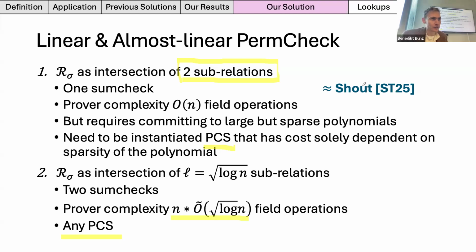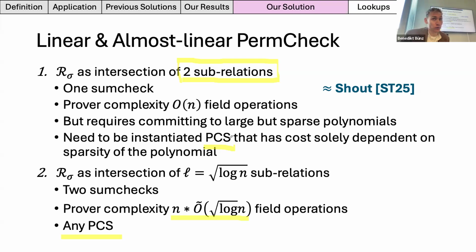But as I said in the beginning, those things are highly related. There are some differences where we specifically treat things as a permutation argument and make them slightly more efficient. But for all intents and purposes, I would claim it's essentially the permutation variant of what Shout is for lookup arguments. Both of them only work with some PCS schemes.